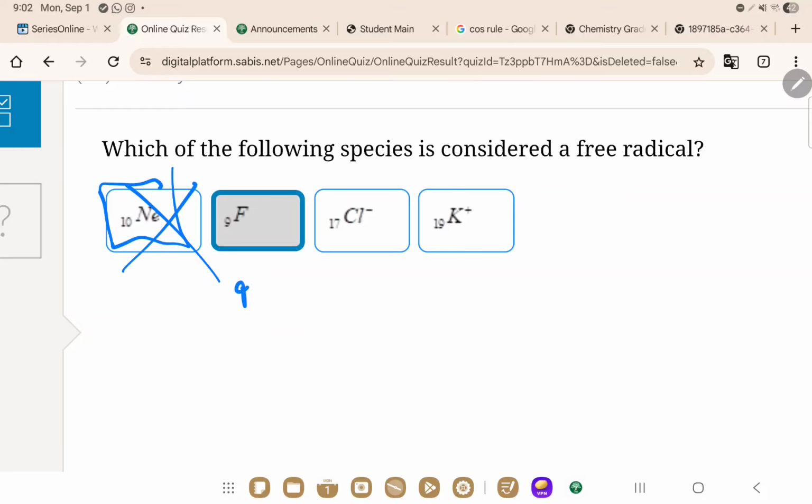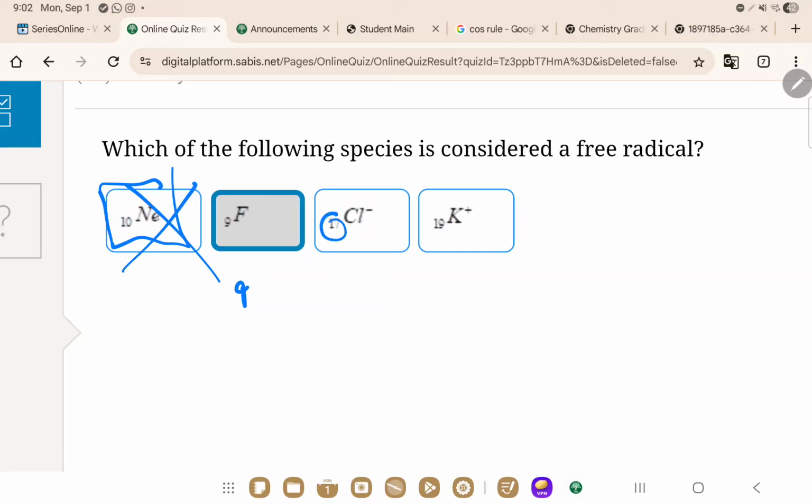9 electrons is not the number of electrons that a noble gas has. To know if it's stable, you need to compare the amount of electrons it has. If it has electrons like any of the atomic numbers in the noble gases, then it's stable. I'm gonna explain what I mean. Cl isn't stable as chlorine, but Cl minus is stable. Why?